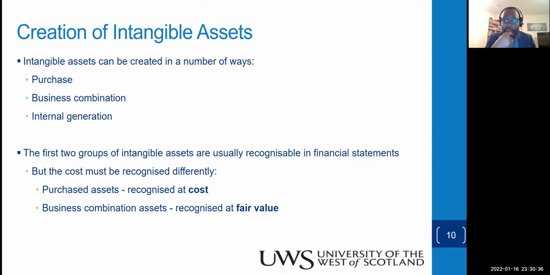I generate it within. I don't buy it off the shelf. I don't merge with a company to gain that asset, but I can generate it internally from a research team that I have at my disposal. Now, the first two groups of intangible assets are usually recognized, the one we purchase off the shelf and the one from business combination.